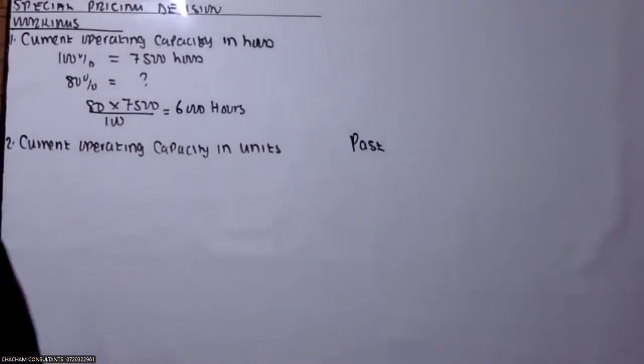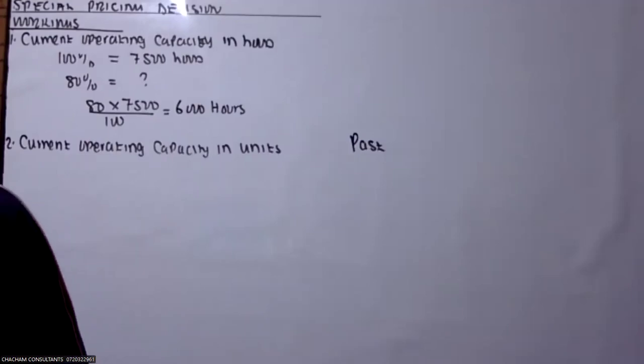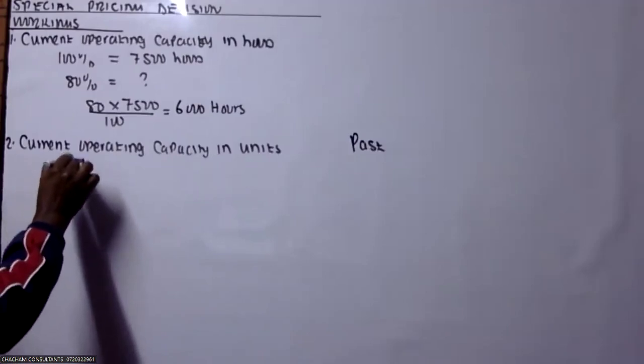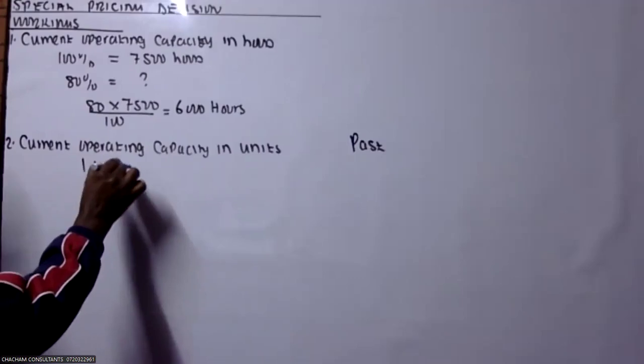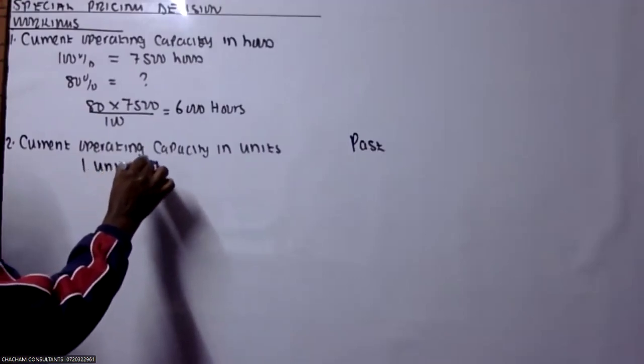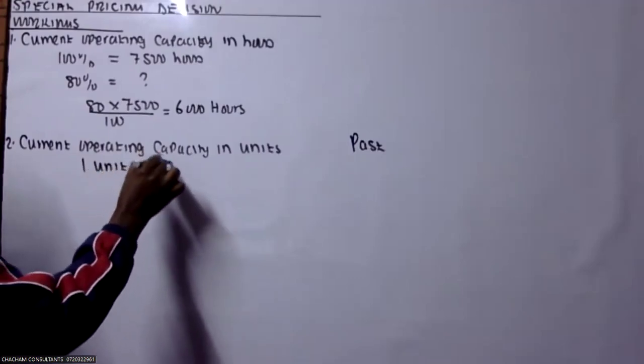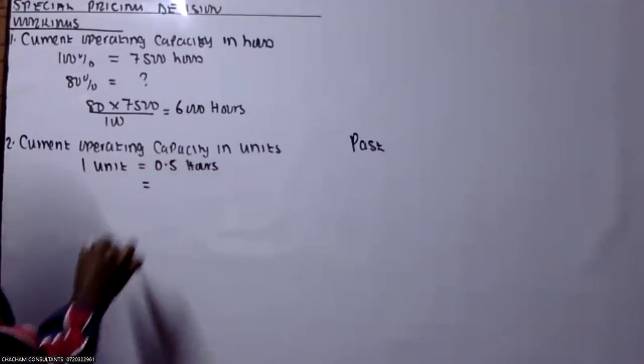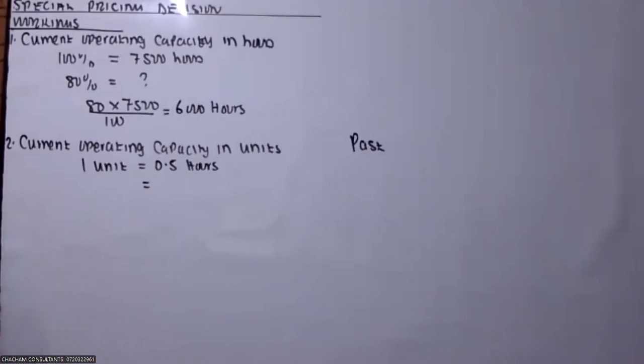What we are told is we are able to make 1 unit using 30 minutes. So 1 unit is taking us 30 minutes, so it's 0.5 hours.